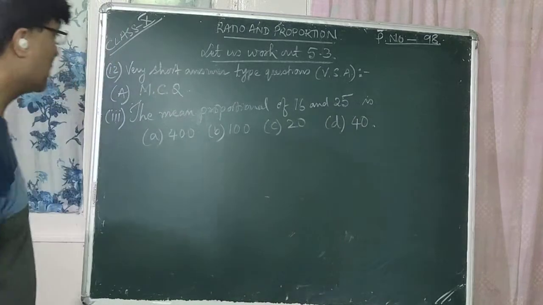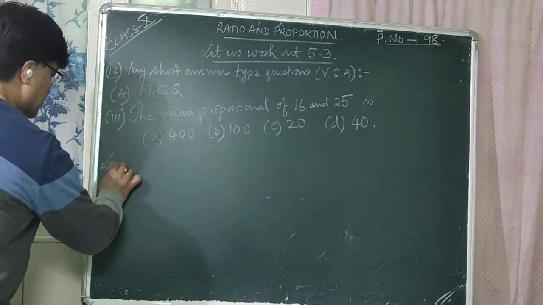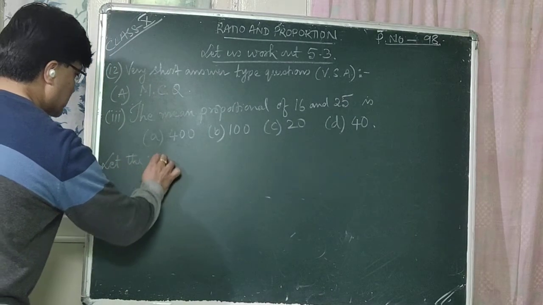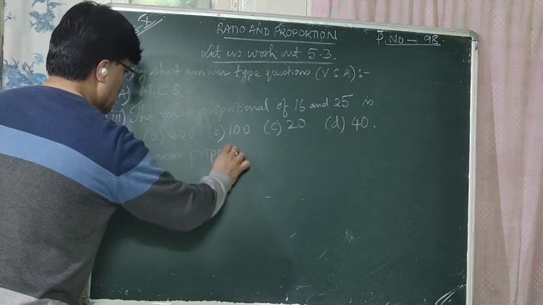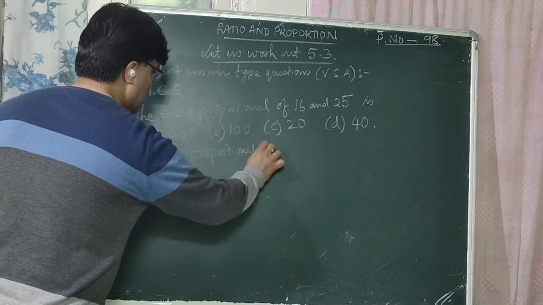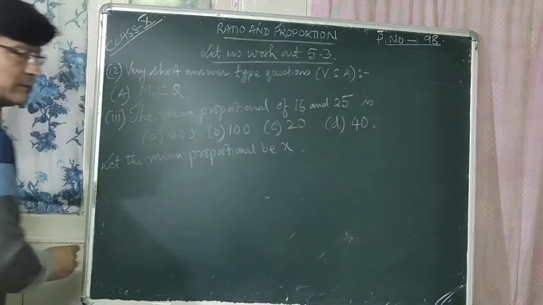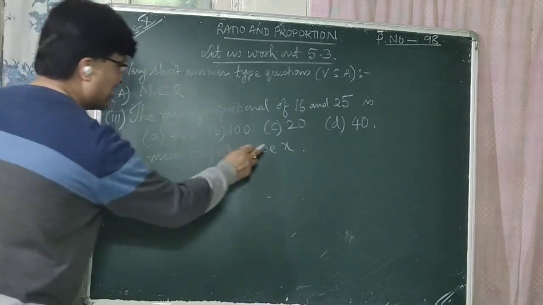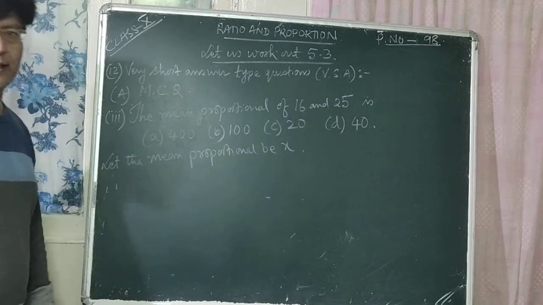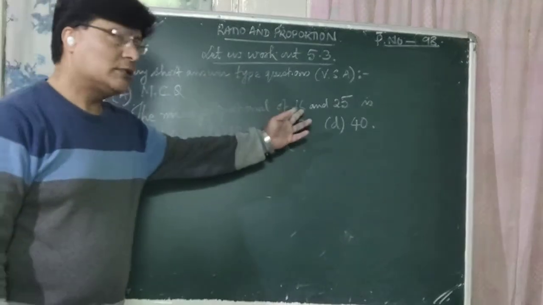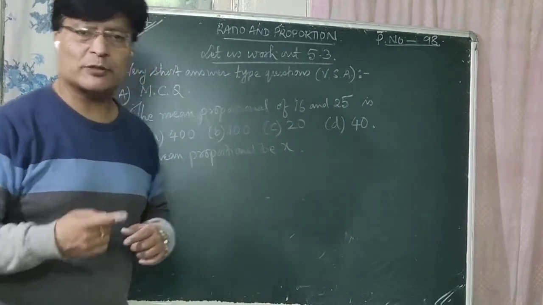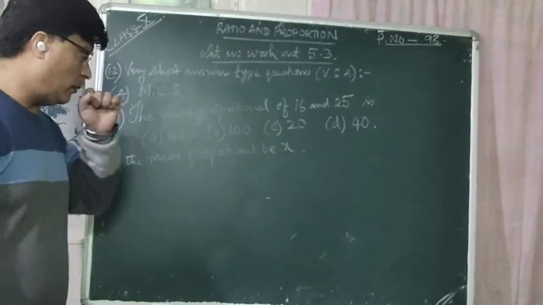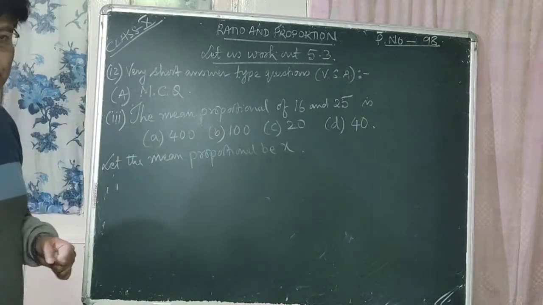The second term. So let us write here, let the mean proportional be x. That means this is the second term of this 16 and 25. 16 is the first term, 25 is the third term. This is your second term. Mean proportional means you have to find out this second term, right?